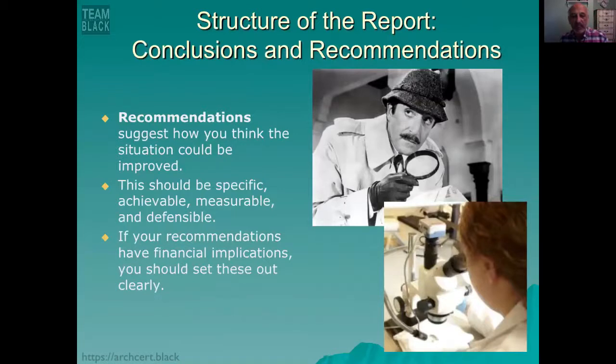So they have to be specific, achievable, measurable, and defensible. These are often called cultural resource management recommendations. They often have financial implications. So you should set these out clearly, in a way that your client can understand, and in a defensible way as to why you have come to those conclusions.